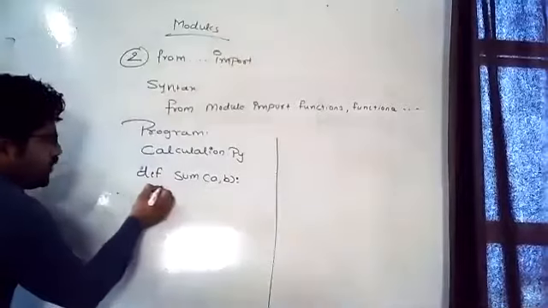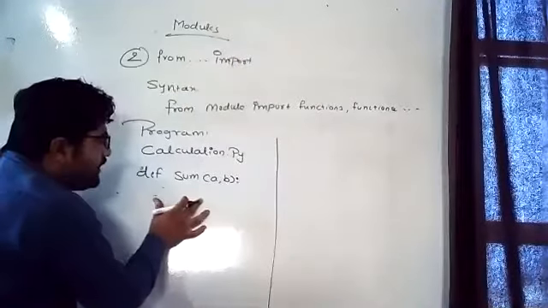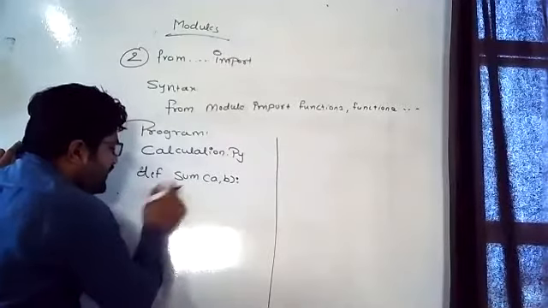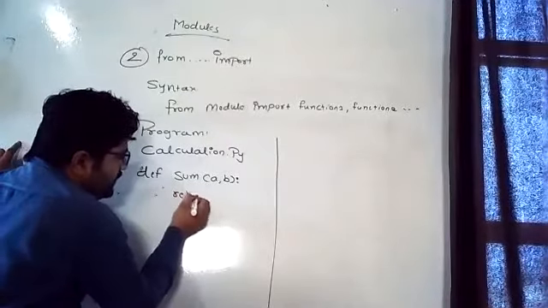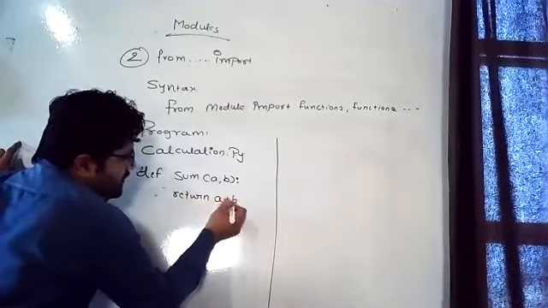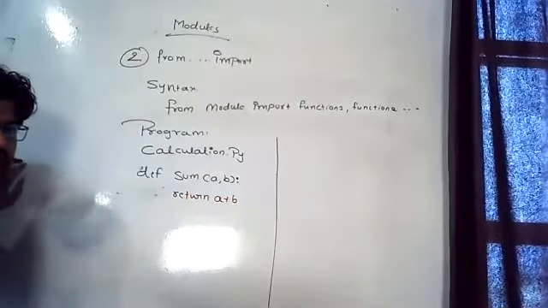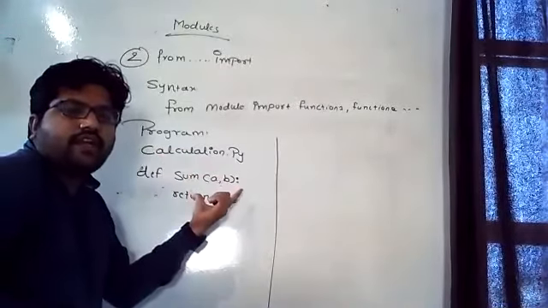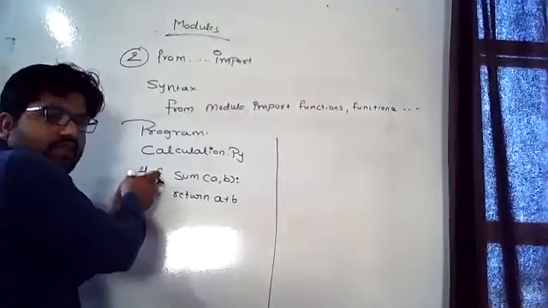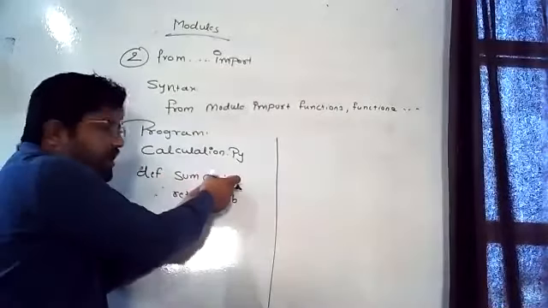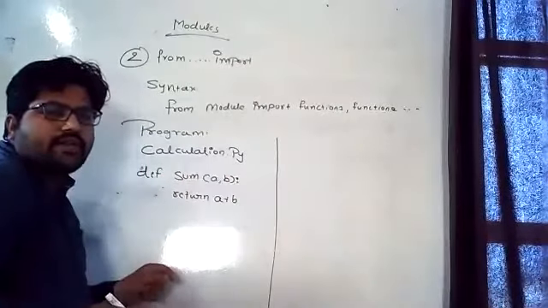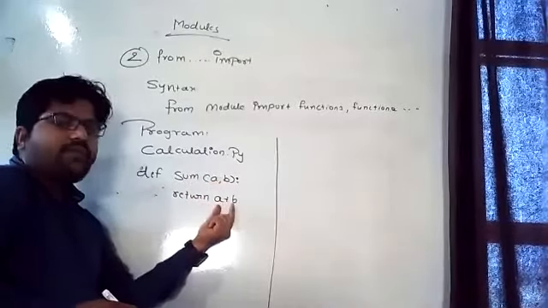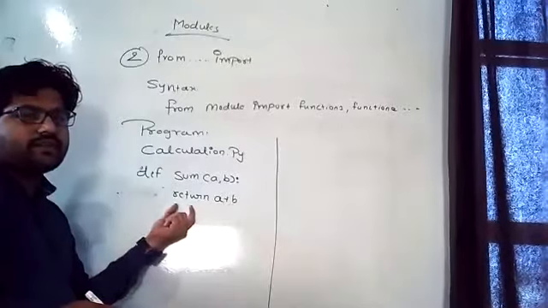Next I need to return something here: return a plus b. In the calculation, one function I have declared here, that is def sum a comma b. These are the formal parameters. After fetching the formal parameters, the values will be added, then returned.